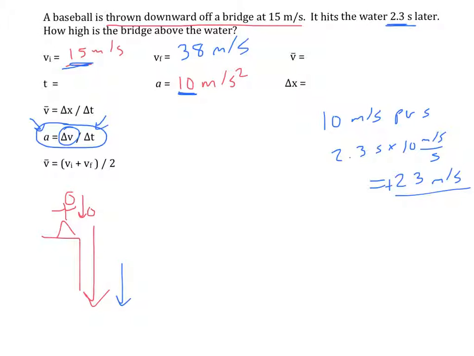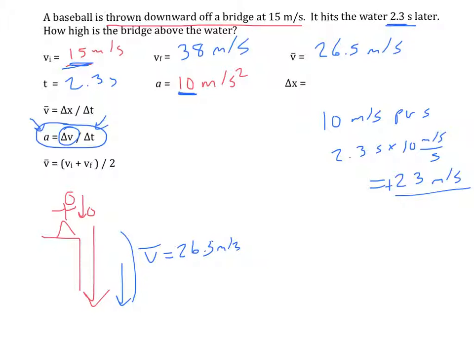So the average velocity is just the average of 15 and 38, so I add them up and divide by 2, and it's 26.5 meters per second. So the average speed during the entire fall is 26.5 meters per second. And it falls for, I forgot to write this down, 2.3 seconds.